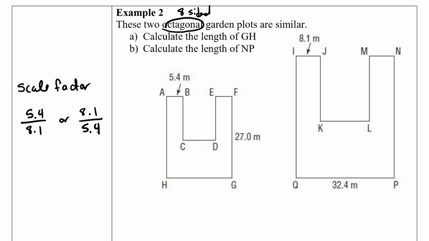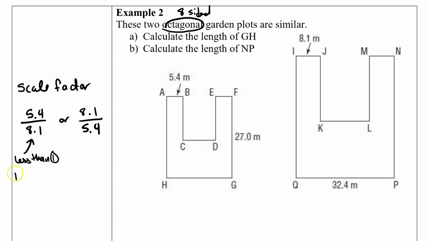This is what we're going to use to multiply, depending on if we're going from small to big or from big to small. So this right here is less than 1. So we know that this is producing a reduction.